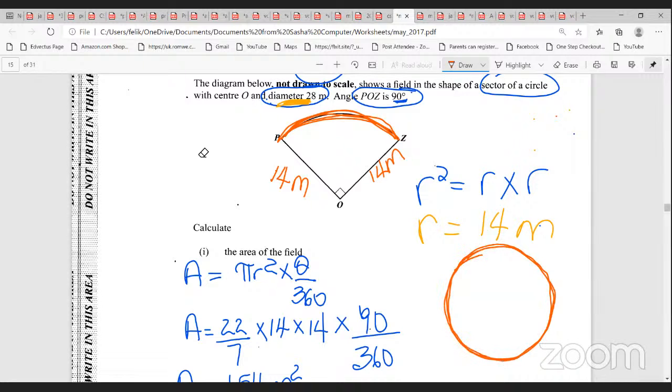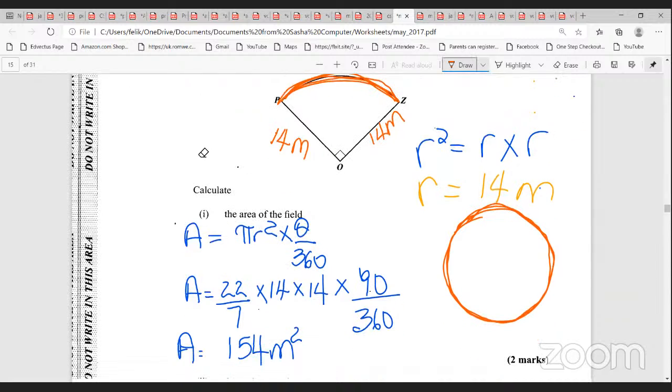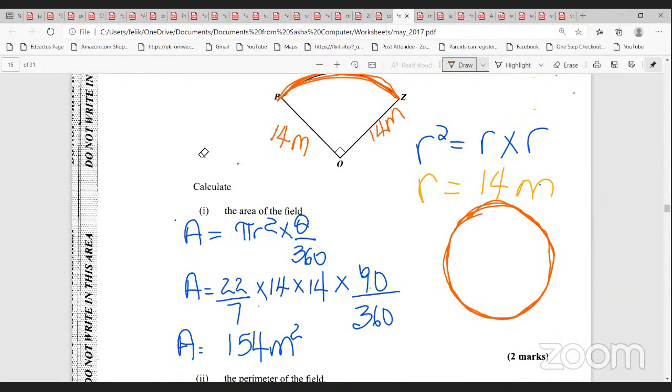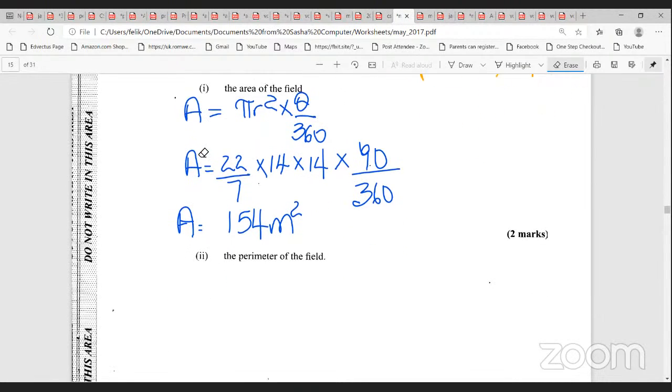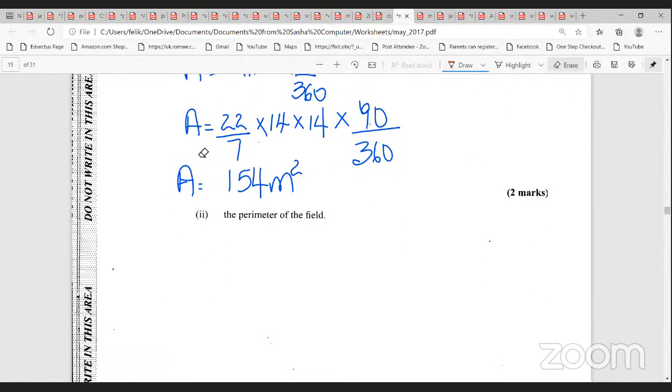Going around the circle, what do we call that? Circumference. Yes, all right, good. So PZ is a part of the circumference. So if we're going to find the length of PZ, then we're going to use the circumference formula. So let's write down the formula for circumference.